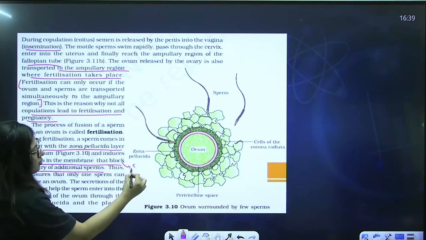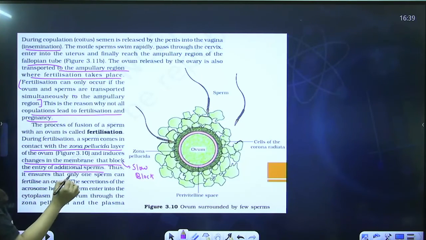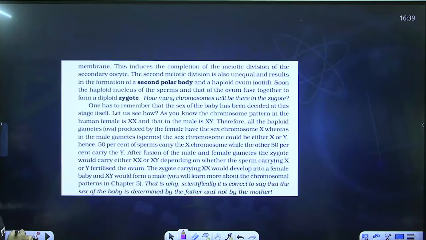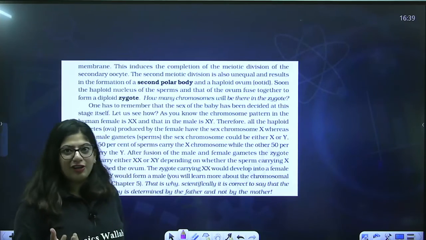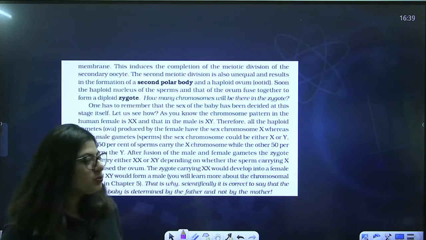They are talking about slow block. Thus, it ensures that only one sperm can fertilize an ovum. The secretion of the acrosome helps the sperm enter into the cytoplasm of the ovum through the zona pellucida and plasma membrane. We have done the acrosomal reaction, how various enzymes are helping in penetration of sperm.